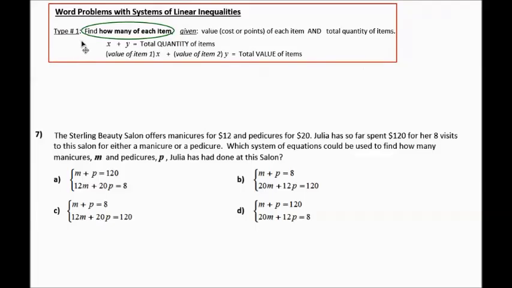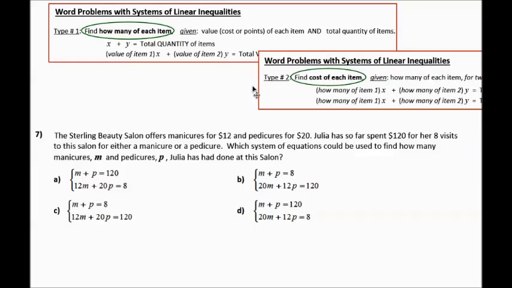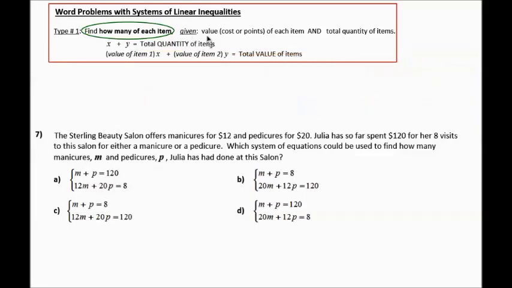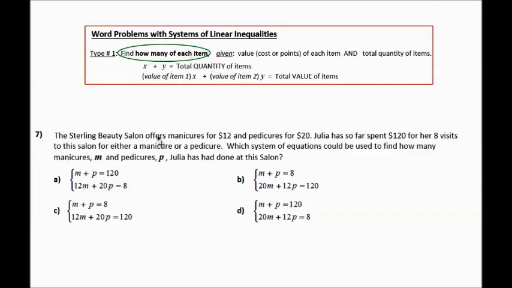We have one option that shows where you're finding how many of each item, and we have another option that shows where we're finding the cost of each item. Going back to the problem and reading carefully, we see that they're really asking us for how many, quantity, how many manicures and pedicures. So we get rid of this option. We're dealing with this, how many of each item.